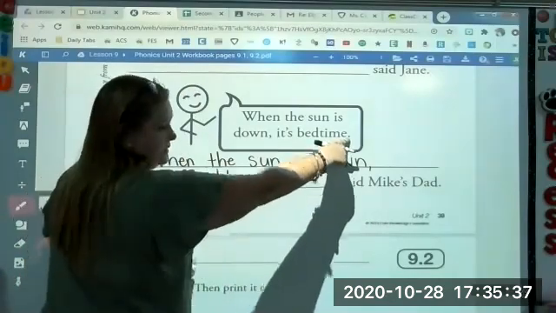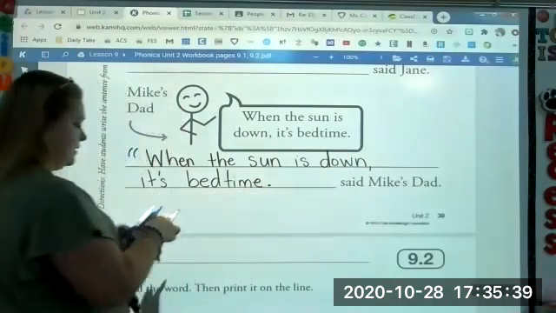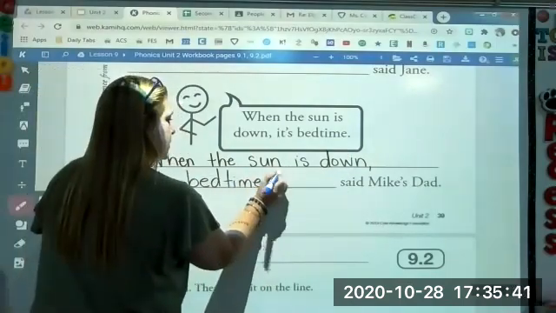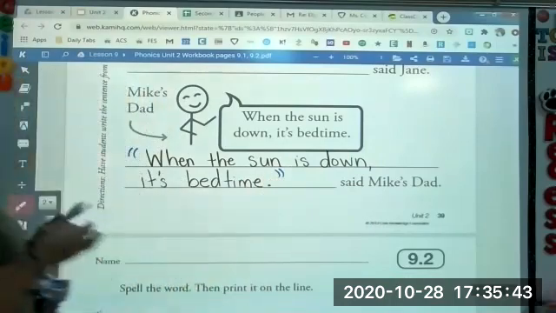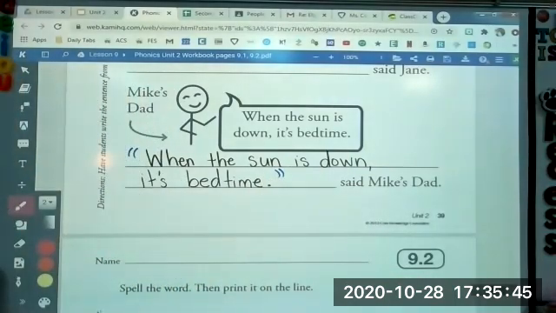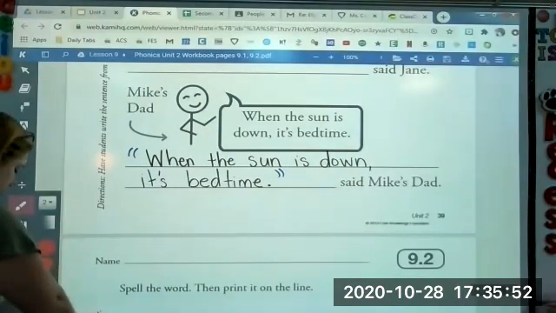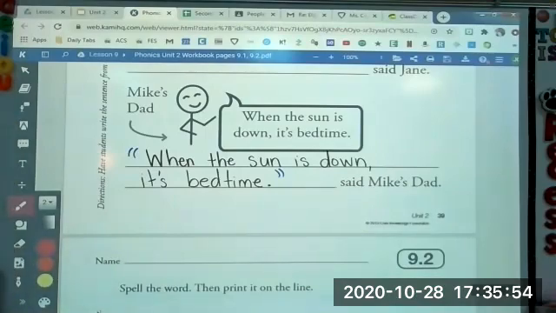That's the end of his sentence, so it needs a period. And then we need our quotations again, said Mike's dad. Okay, so you are actually going to do this tonight on your own, okay? We just did it together. So you're going to do it tonight on your own.